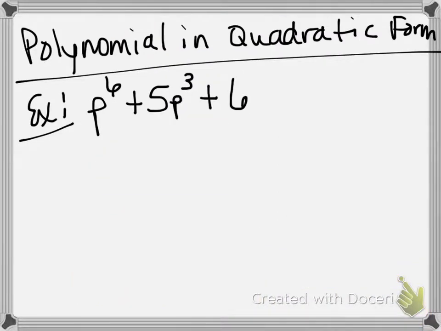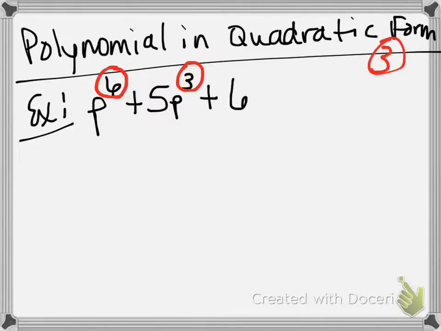Okay, the last format we're going to look at is called a polynomial in quadratic form. How do you know if your polynomial is in quadratic form? Well, a quadratic has 3 terms. So first of all, it has to have 3 terms. If it's in quadratic form, then this exponent and this exponent match up because 6 is 3 times 2.